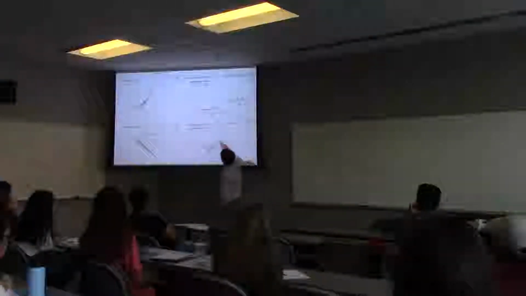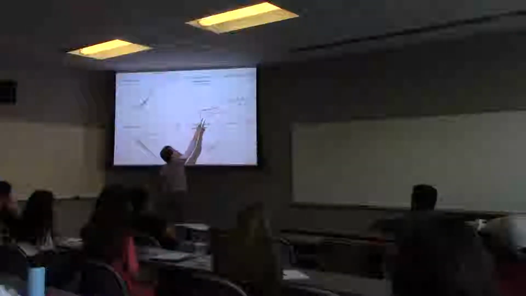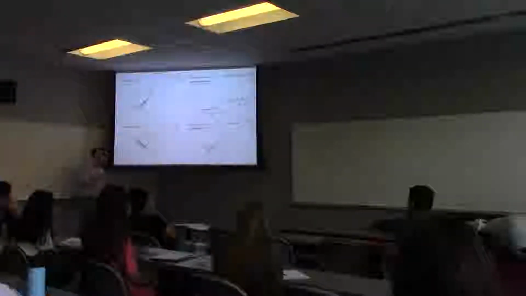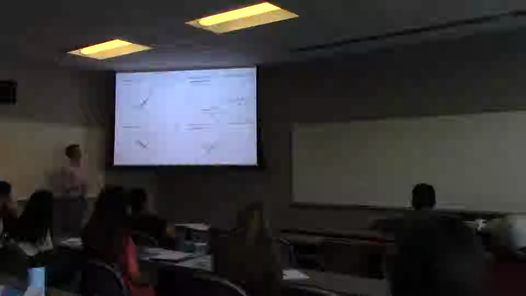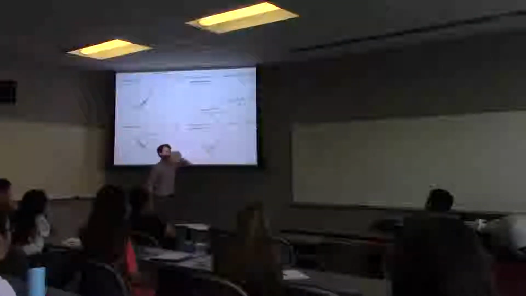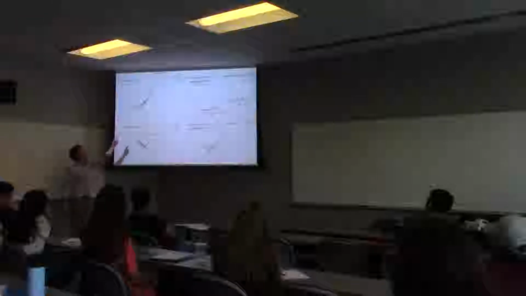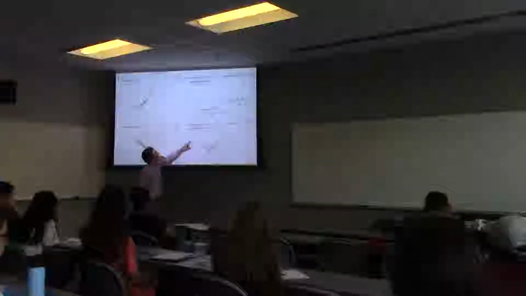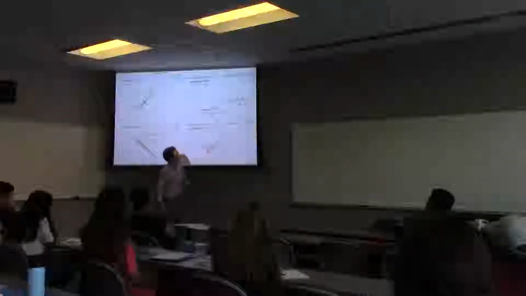With a QQ plot, the points are arranged in increasing order, following an increasing curve right here. Whereas with a residuals plot, things look a lot more scattered. Okay? So that is a QQ plot.